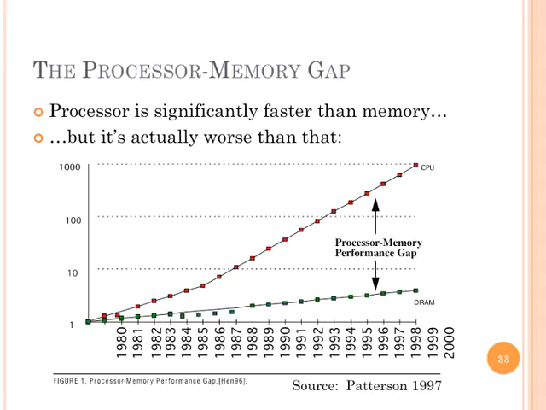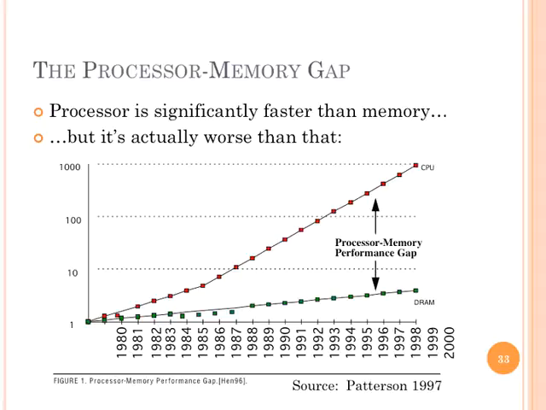Now, what's happened is this trend has continued all the way up until about 2002, and then the CPU gap has kind of leveled off a bit, more like the first part of the graph up to 1985. So it's tapered off a little bit, but it's continued to rise, and memory has basically stayed at exactly the same rate of increase all the way along.